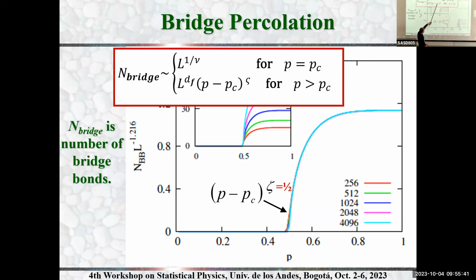And then there is a crossover to what happens at P equals 1, with a fractal dimension of 1.22, which is the watersheds. And this is the crossover exponent in P minus PC, which is just 1/2. So I've formulated a scaling law for the transition from one fractal dimension to the other, knowing that the dominant fractal dimension is the one from the watersheds.